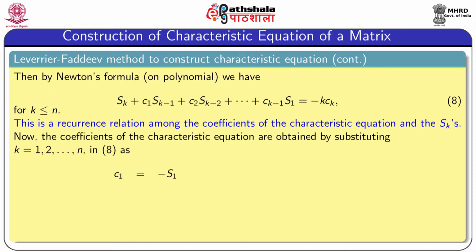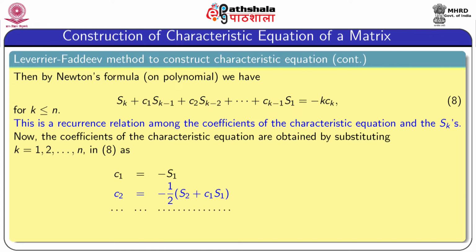Now, the coefficients of the characteristic equation are obtained by substituting k equal to 1, 2 up to n in equation 8. When k equal to 1, it is easy to observe that C1 is equal to minus S1.